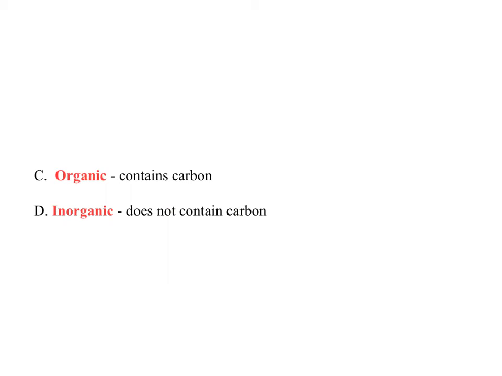All right, then there are organic compounds and inorganic compounds. The difference between them: organic compounds contain carbon, and then inorganic compounds do not. So we use this term organic when we go to the grocery store, we go to Whole Foods or someplace, and we're buying organic food.